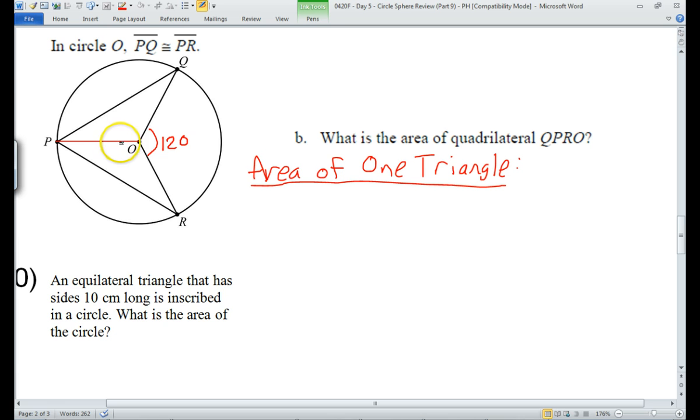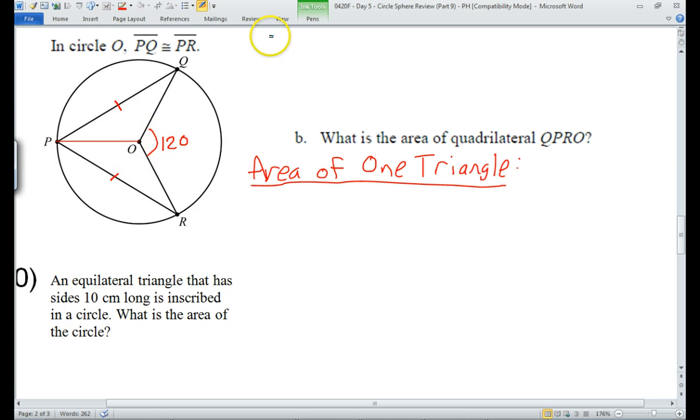But we can deduce that these two angles are also 120 because we're told that PQ and PR are congruent. So we know that these are congruent. Because of that, we know that these two angles are congruent.